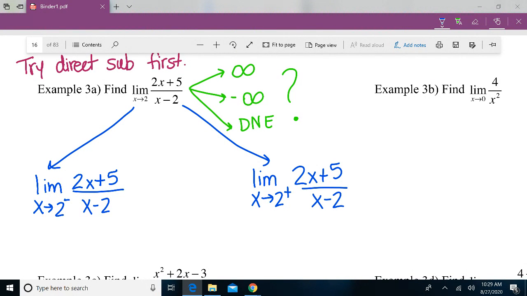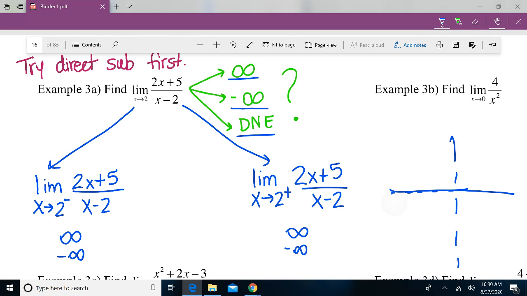Now, I know that both of these scenarios are either going to be infinity, negative infinity, or does not exist. And so for the individual left and right-hand limits, I'm only going to get positive infinity or negative infinity, because remember the graph of a rational function, we're talking about where the graph would have an asymptote.